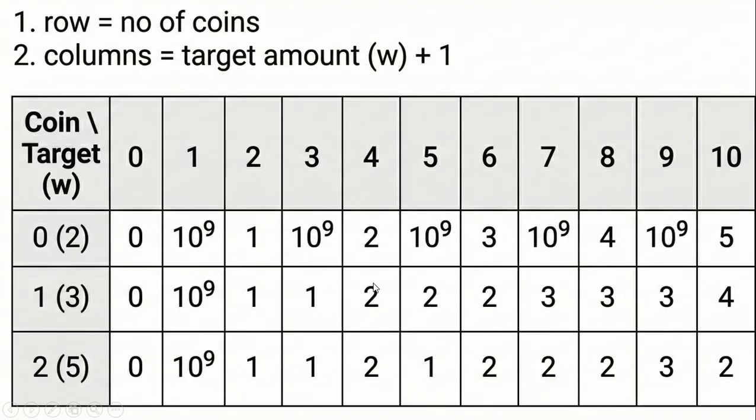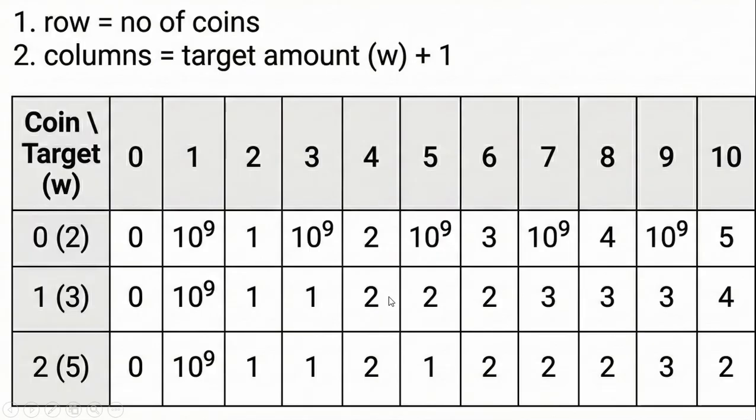So if we subtract, 4 minus 3 becomes 1. At 1, 1 we have 10 to the power of 9, and if we add 1 to it, it becomes 10 to the power of 9.